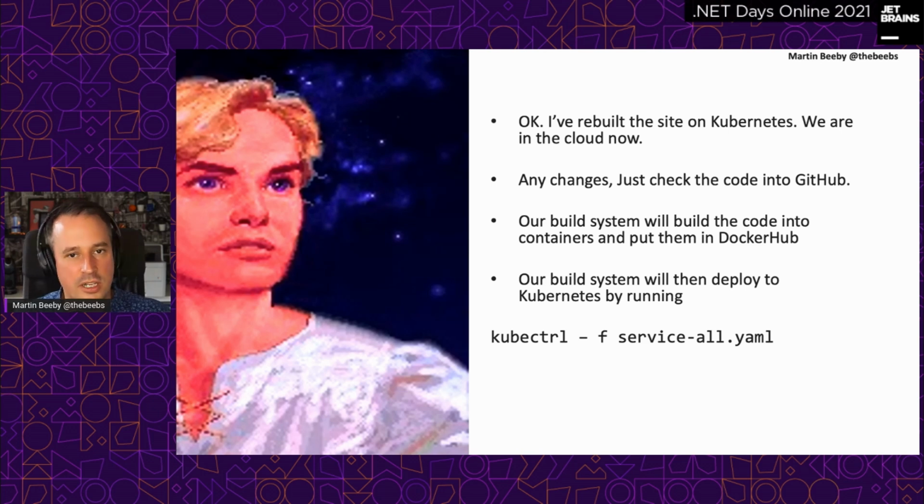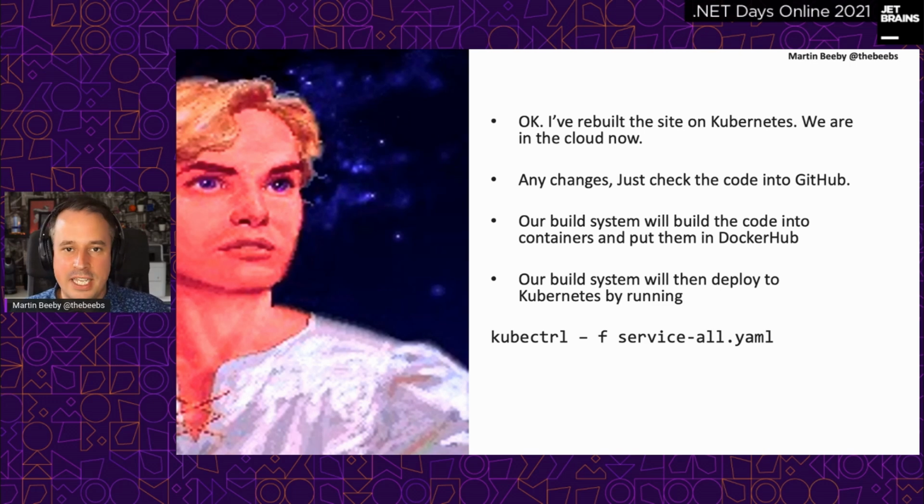We've set up a CI/CD pipeline so that we just check our code into GitHub, and then we have a continuous integration platform which will take our Docker builds, build them, push our containers to ECR, and then fundamentally our build system will deploy to Kubernetes by just taking our service.all.yaml file and running it against our Kubernetes cluster, and it will then apply that to our running service. So we've basically taken this application. We've not really changed any of the code, but what we hope we have done is made the site more reliable.